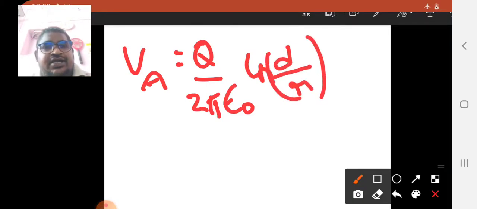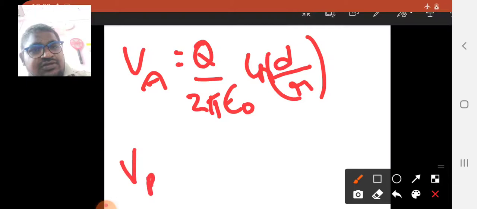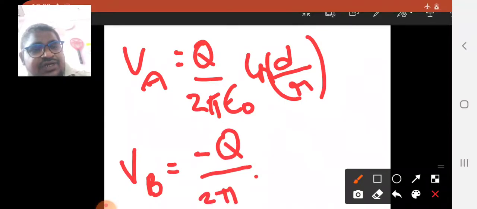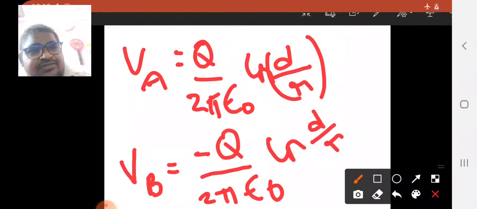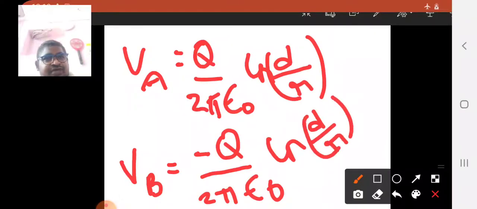Similarly, if we calculate the potential at B, VB is equal to minus Q by 2 pi epsilon naught into ln d by r. That means VA plus VB is 0.